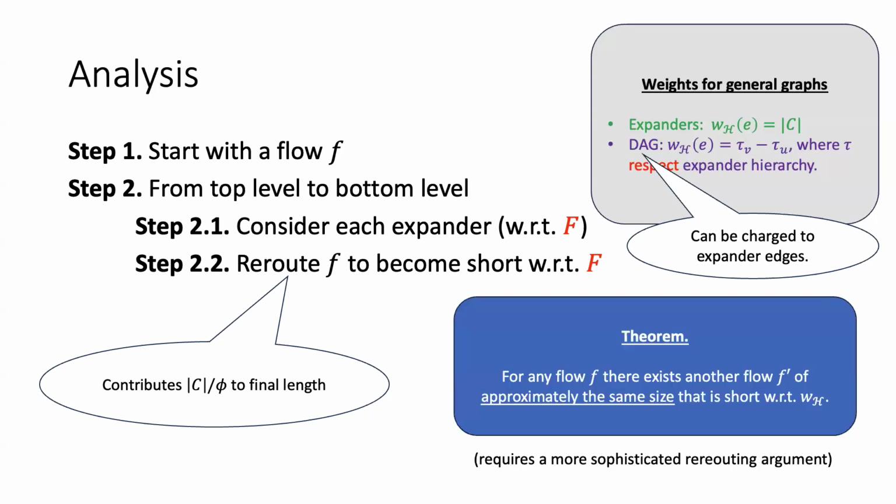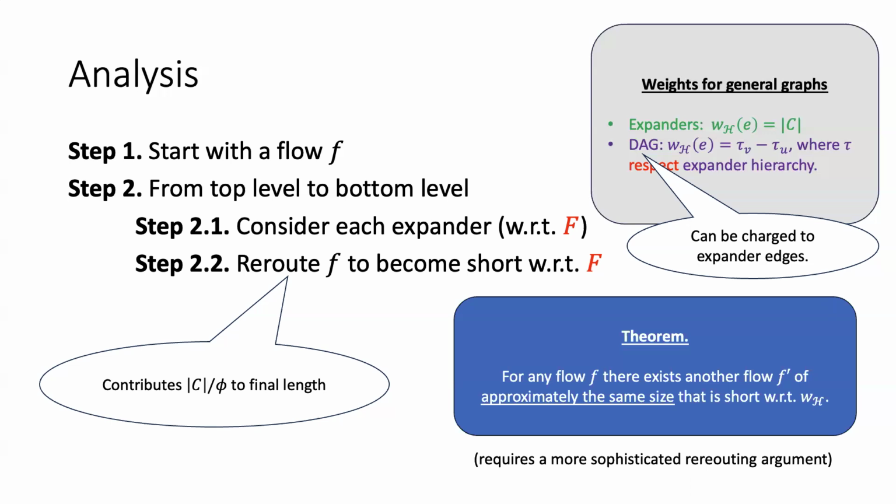So I've shown how you can reroute the flow so that it becomes short, but I haven't argued that the resulting flow will be good enough, so that the congestion doesn't blow up and we still have a good approximation. In fact, this can be done, but not with this exact rerouting argument. In the real version, we need a more sophisticated argument that will handle the congestion blowup.